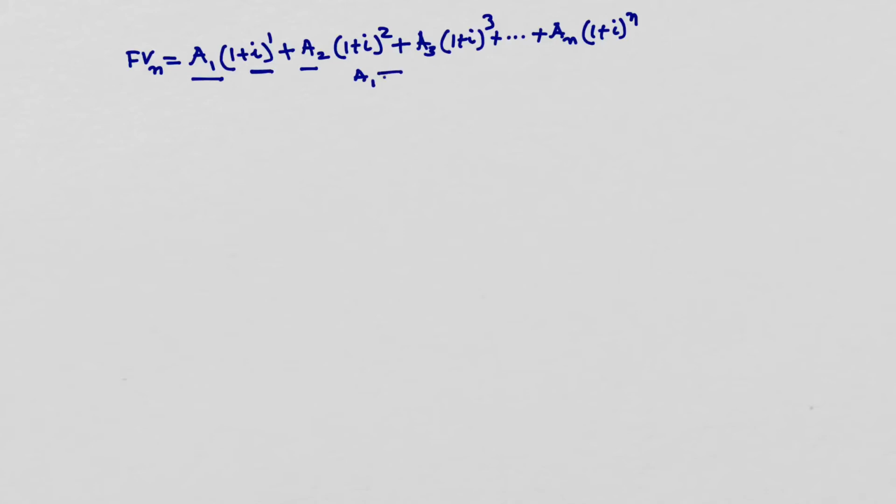So these are not, for example, equal. They may be different, or it is possible that they may be the same. In case you assume that these amounts are equal, say A1 is equal to A2 is equal to A3 is equal to, let's say, AN, this will be the case of annuity.